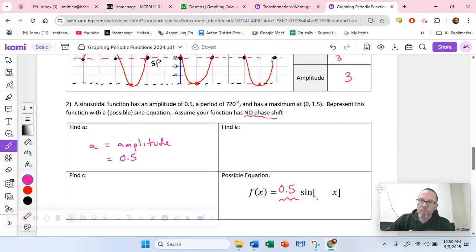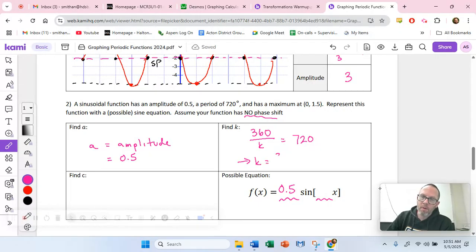First blank. Second blank. What are we multiplying x by? We actually had an example like this earlier. So if you flip back, anybody figure out what we're multiplying x by? Sam? 0.5. How'd you get 0.5? Because 360 divided by 0.5. Exactly. If you want to set this up like the following, you could ask, okay, 360 divided by what number gives us our period of 720?